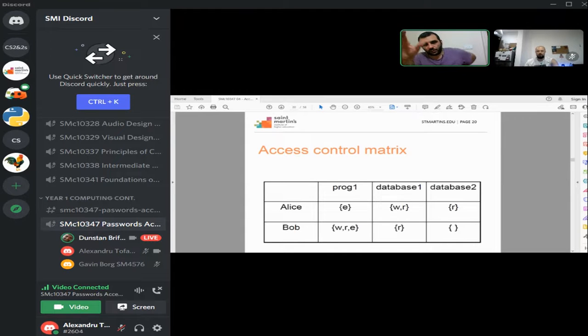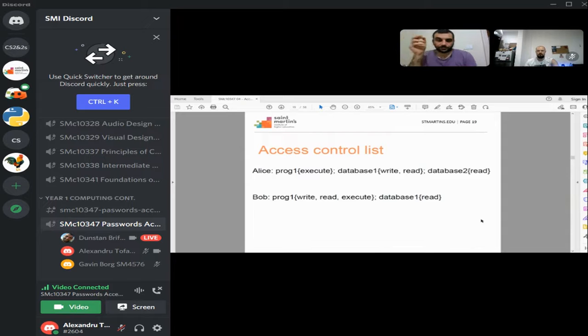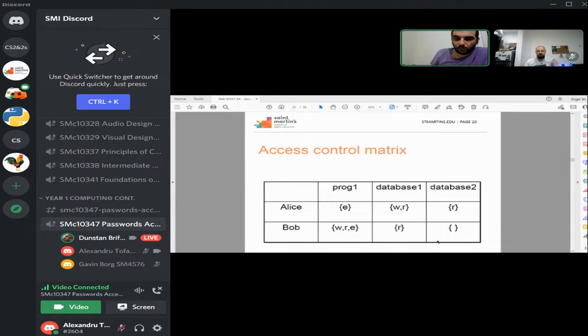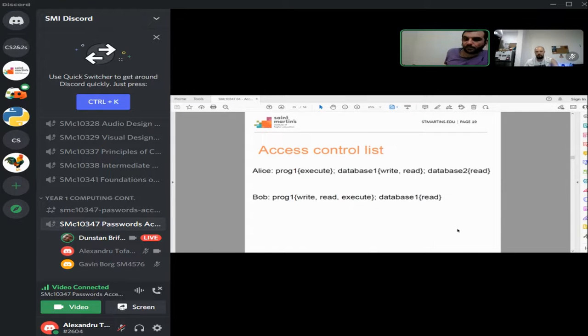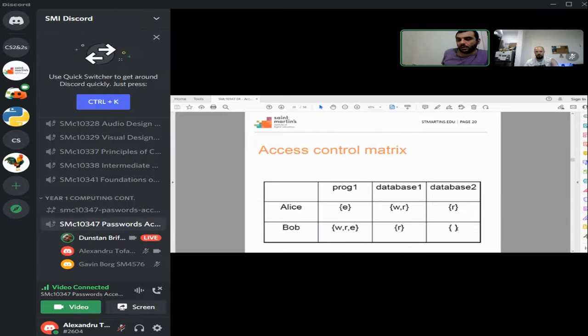What is also good over here compared to the previous one is the fact that when we don't have any permission, so Bob does not have any access to database 2, this is not left blank, as in the whole cell is not left blank. Instead, we're using an empty bracket. And that is a bit of a safer approach, right?